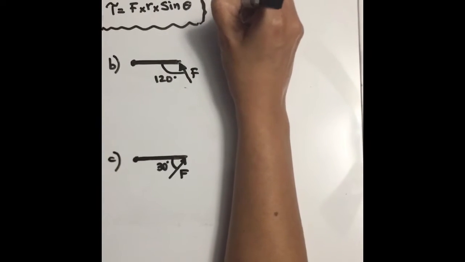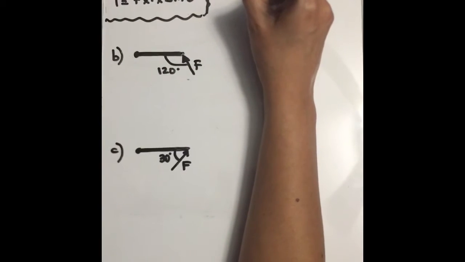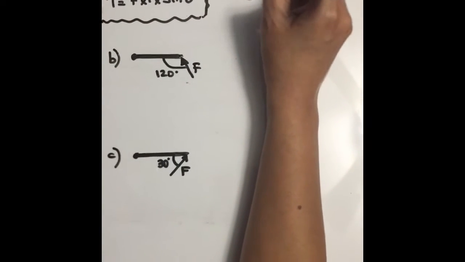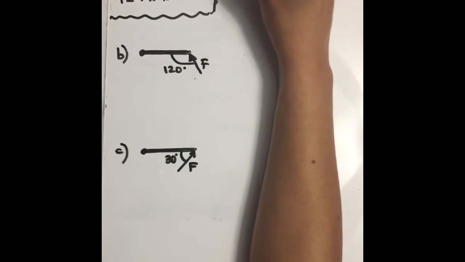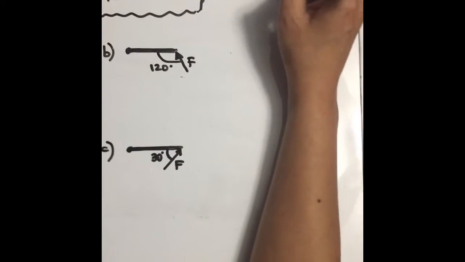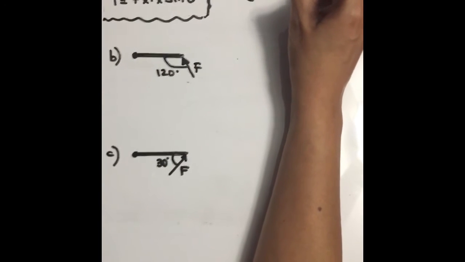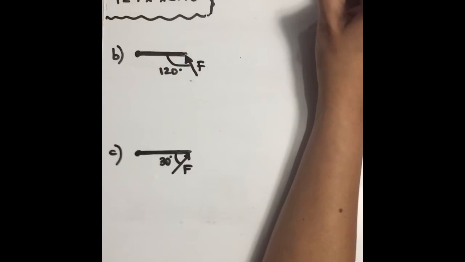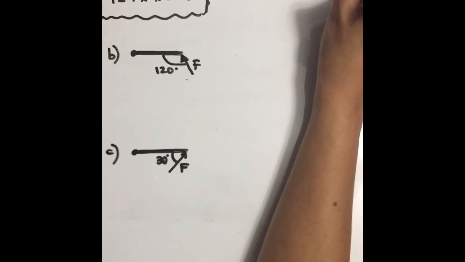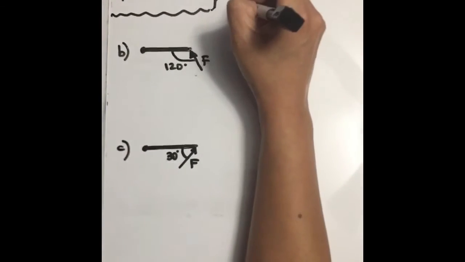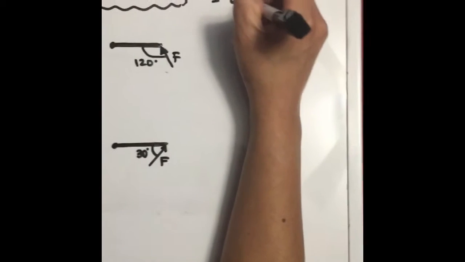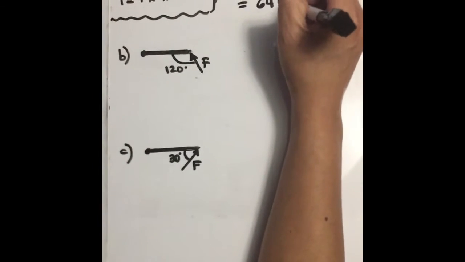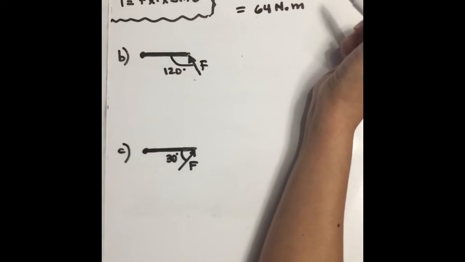Torque is equal to the force, which is 16 newtons, times the radius, which is 4 meters from the hinge to the applied force, times sine of 90 degrees, which is this angle. This is going to be equal to 64 newton-meters in the first case.